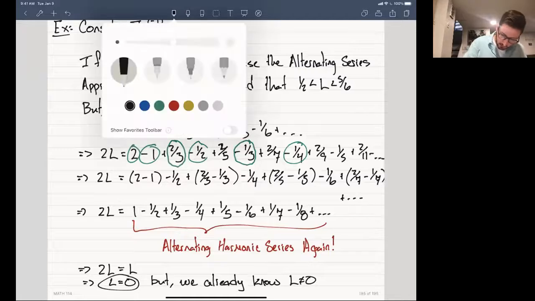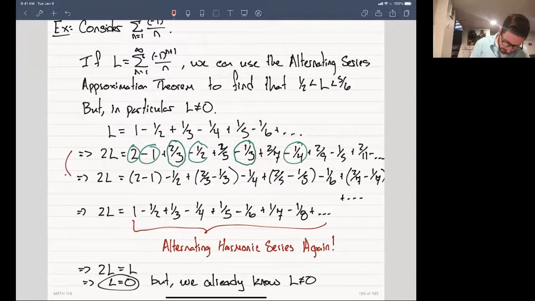Because let me show you with red here, this step from here to here, we rearranged the order, right? I took this 2/3 and moved it back here and pushed the 1/2 up here. I moved the -1/3 forward and moved this 2/5 back.